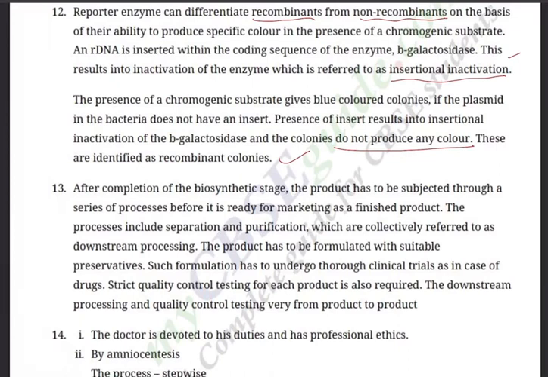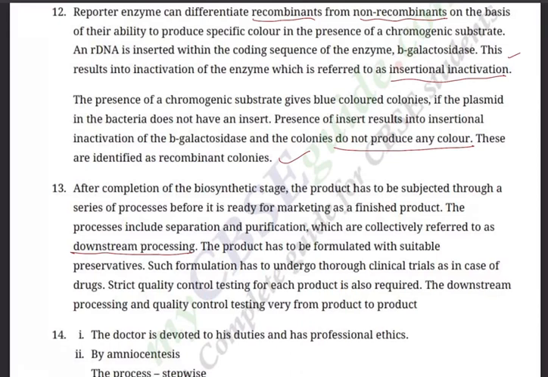Question 13. After completion of the biosynthetic stage, the product has to be subjected through a series of processes before it is ready for marketing as a finished product. The processes include separation and purification, which are collectively referred to as downstream processing.